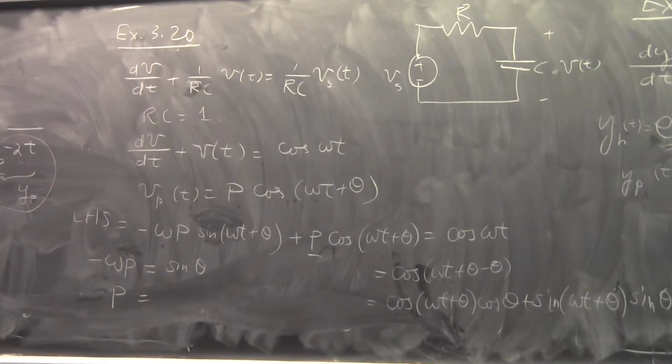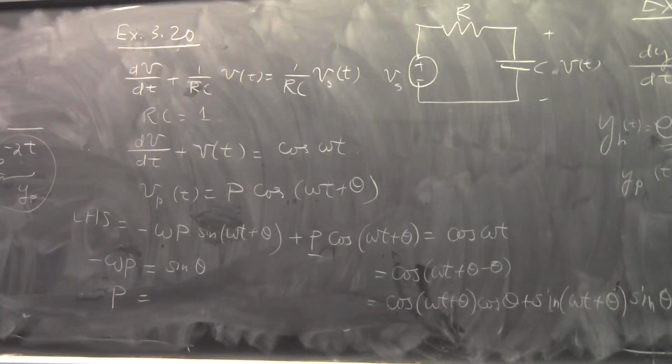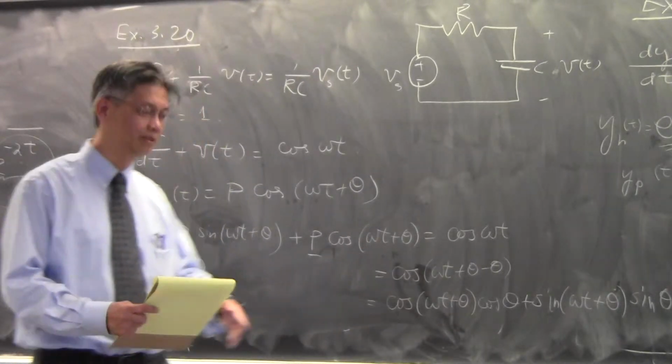So what should p be in this case? Compare the right hand side with the left hand side. Cosine theta, right? If you look at this term over here, this must agree with this term over here in order for them to be equal.